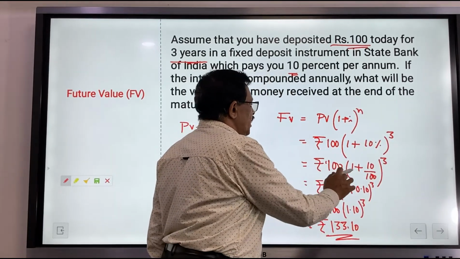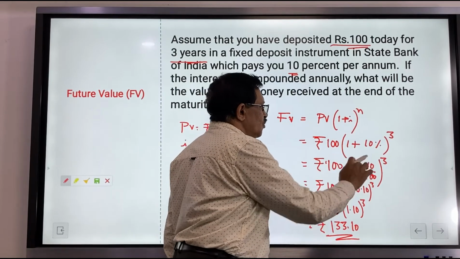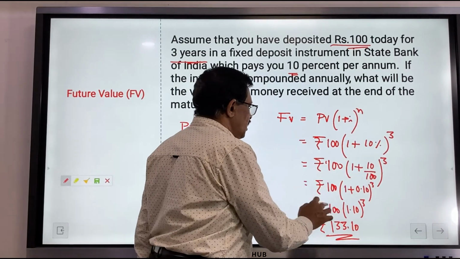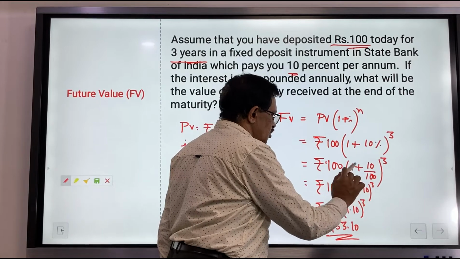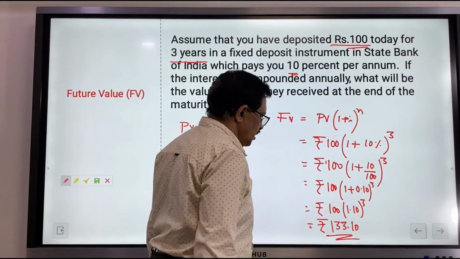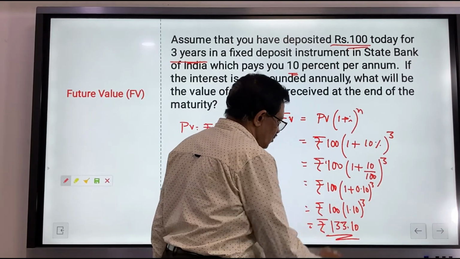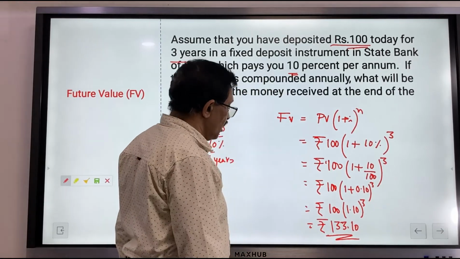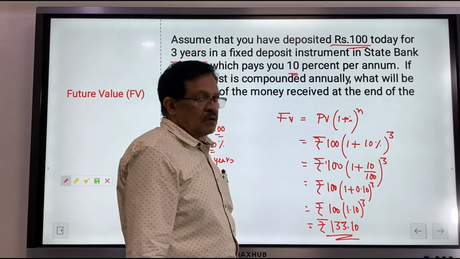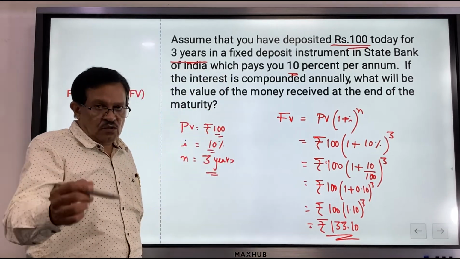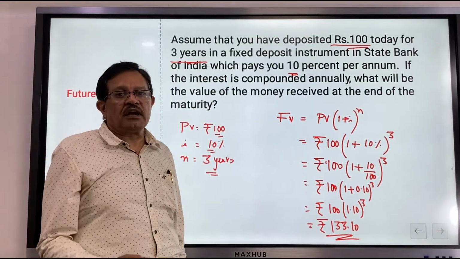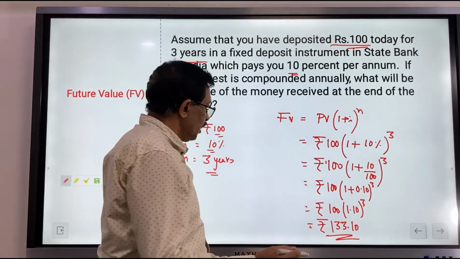So 100 into 1 plus 10 divided by 100 whole power of 3, so 100 into 1 plus 0.10 whole power of 3. By using a simple calculator, we are going to get 133.10. Let's go for another complicated problem now.